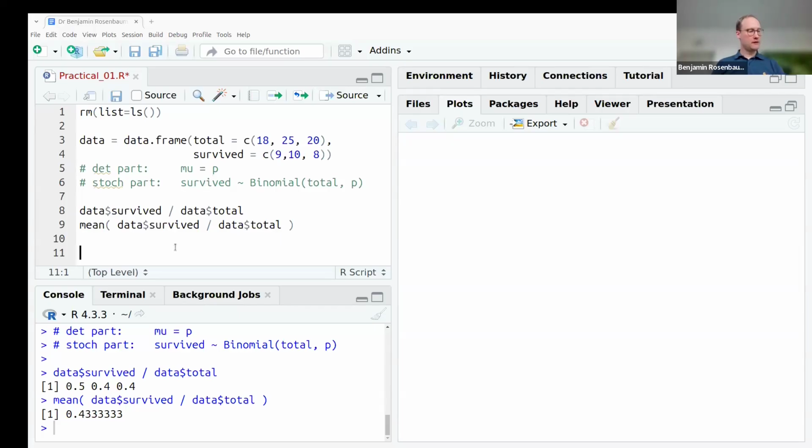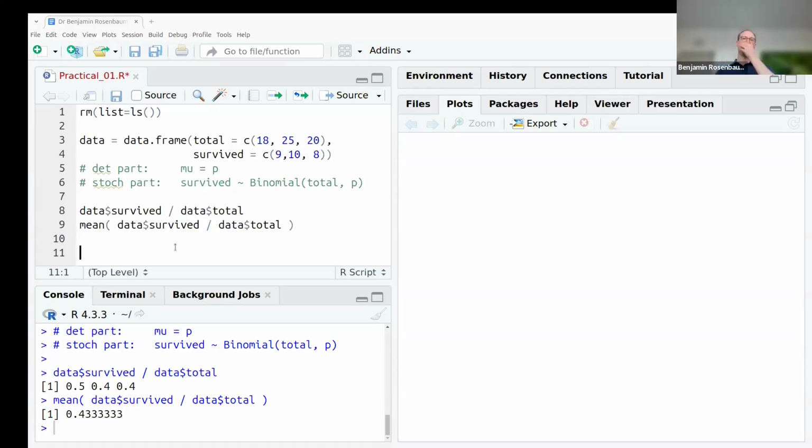So let's assume we know that there's an average survival rate of just 0.3. So very harsh environmental conditions, only 0.3 survive the winter.